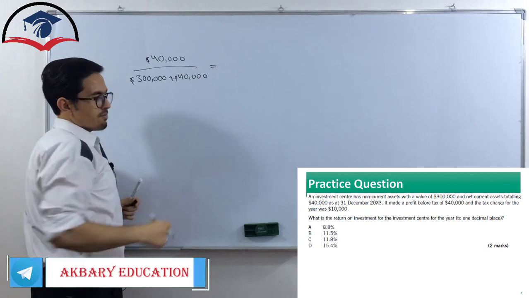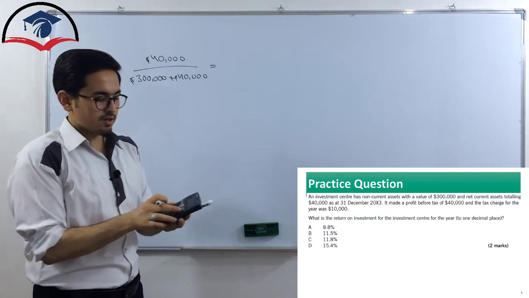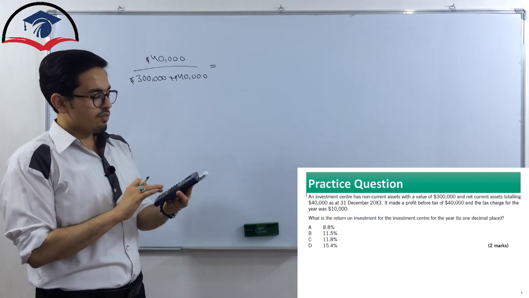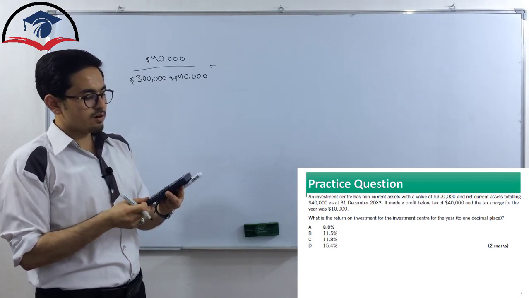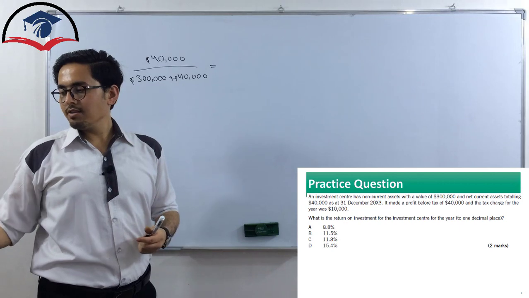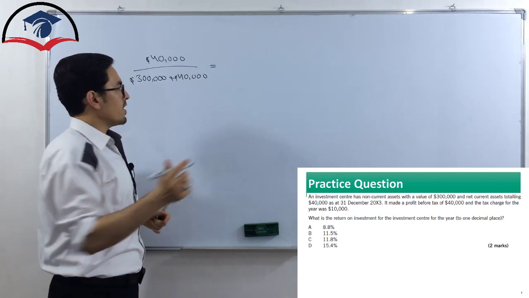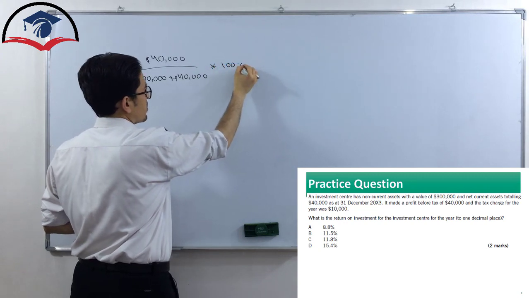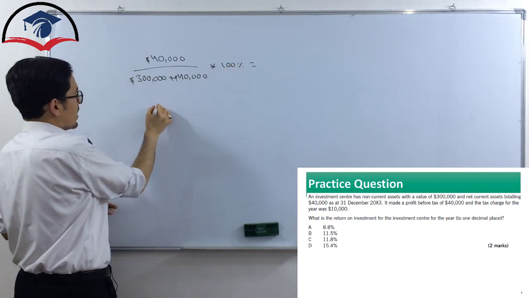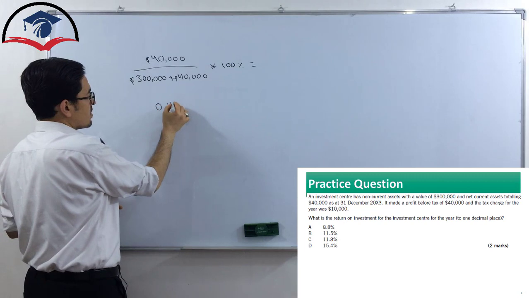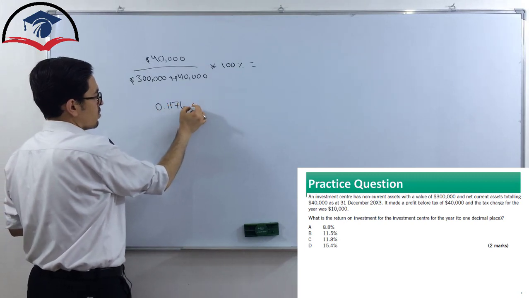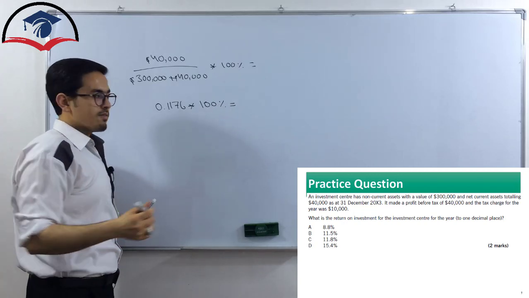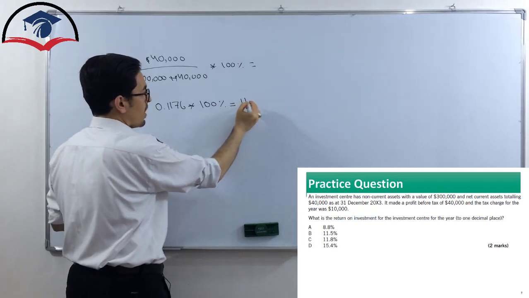Let me calculate. $40,000 divided by $340,000 equals 0.1176. We're going to multiply this by 100%. Remember this point.